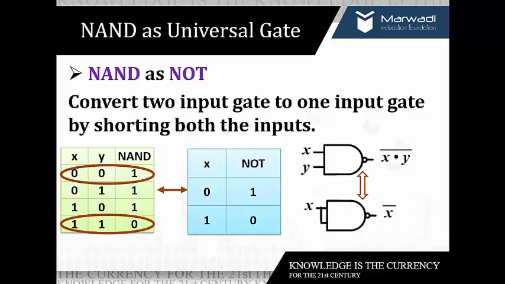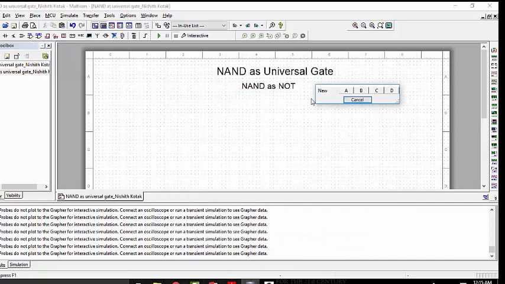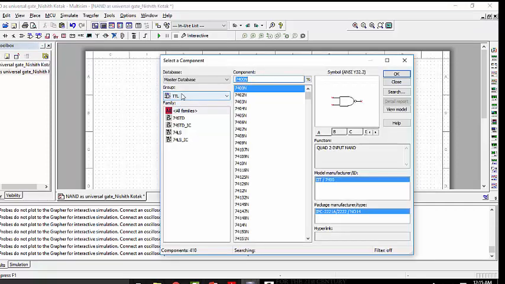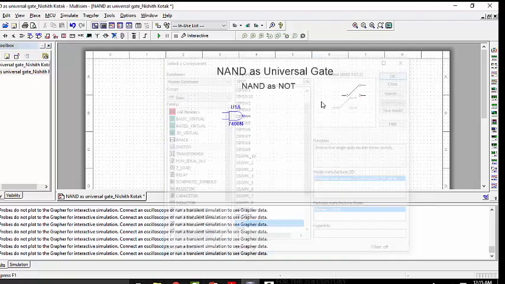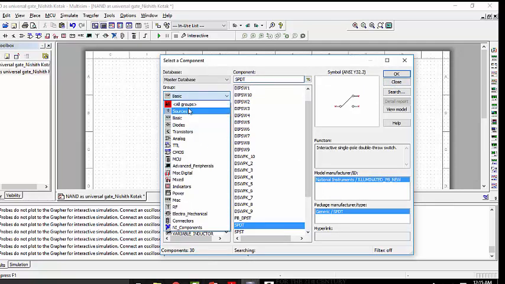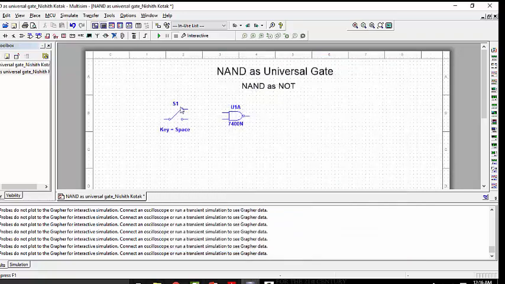We will be implementing the same using Multisim and check the output. Here we would first of all be taking one NAND gate, then we would be taking the single pole double throw switch, then we will be taking the power sources that are VCC and ground.